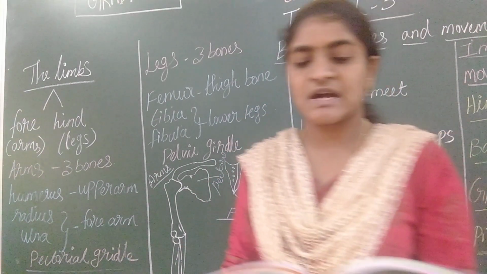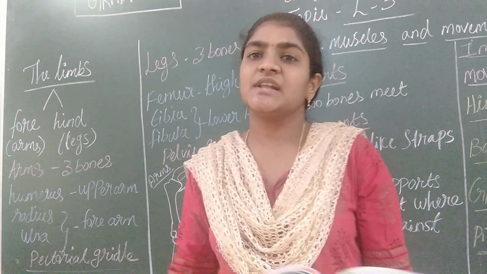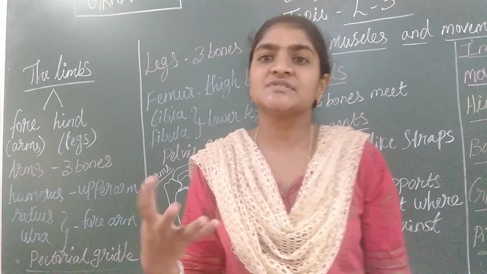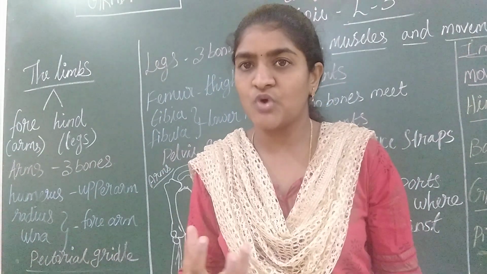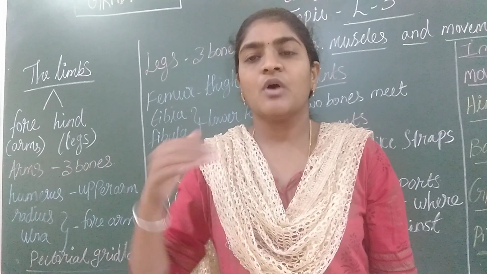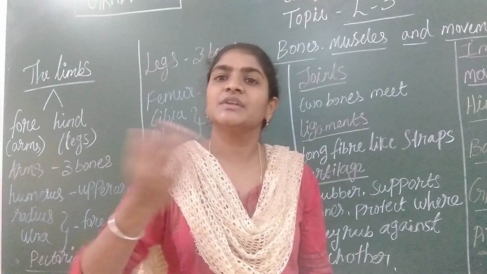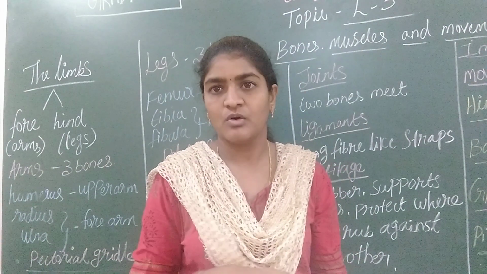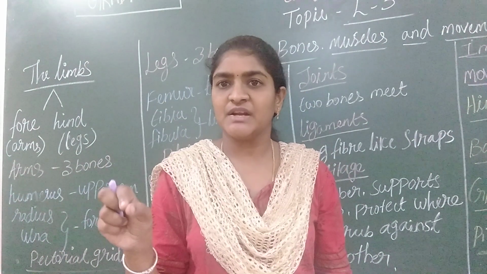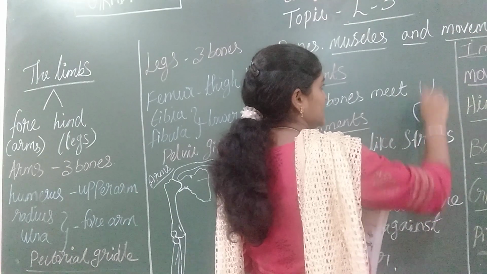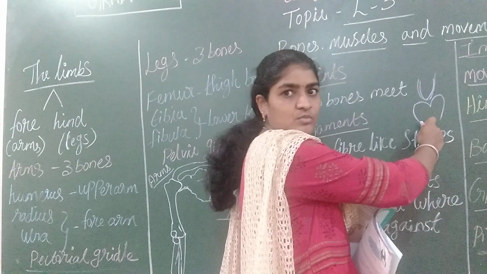Next is cartilage. It is a rubber-like substance. It gives support wherever the bones join. How does it give support? Two bones should not scratch each other. For example, this is one bone and this is one more bone.